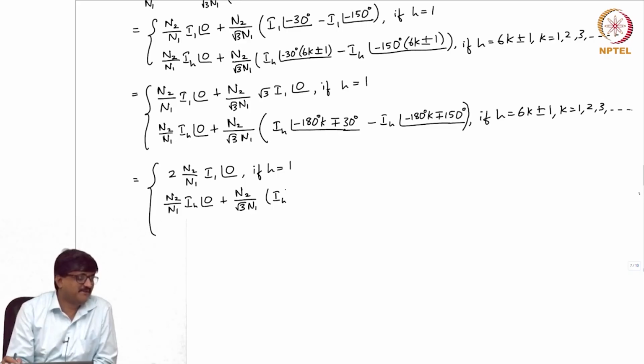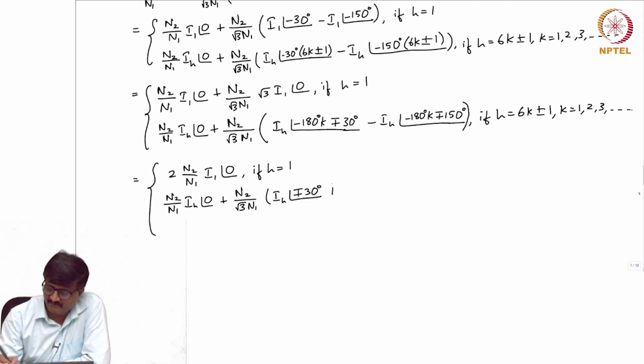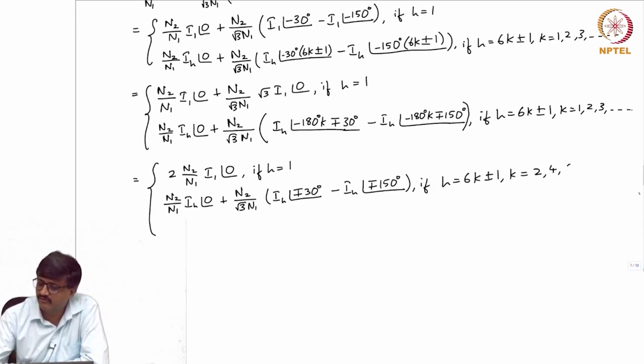Yeah, even is easy. It goes away. Okay, let us take even first then. So, it is equal to just minus plus 30 degrees, then IH at an angle minus plus 150 degrees if H is equal to 6k plus minus 1 and k is 2, 4, 6, and so on.